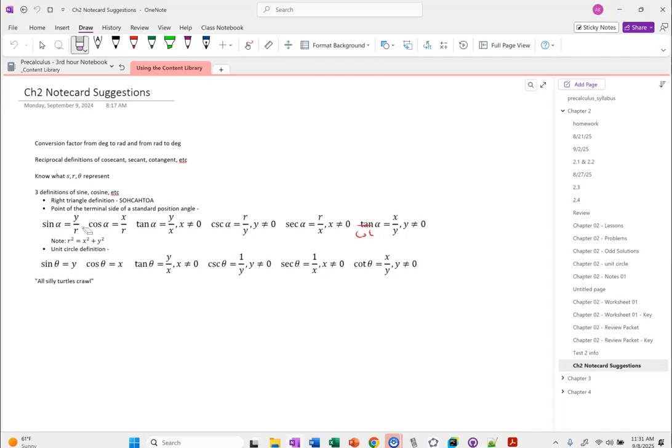Cosine is equal to x, sine is equal to y, and tangent is equal to y over x. Now eventually that'll be something you'll have memorized, but that is just my unit circle definitions for the big three there. Everybody feel okay so far?